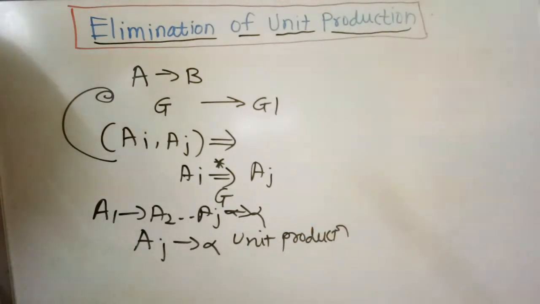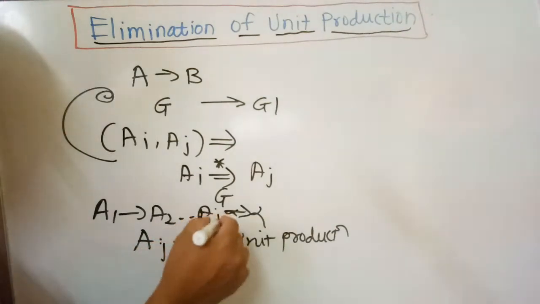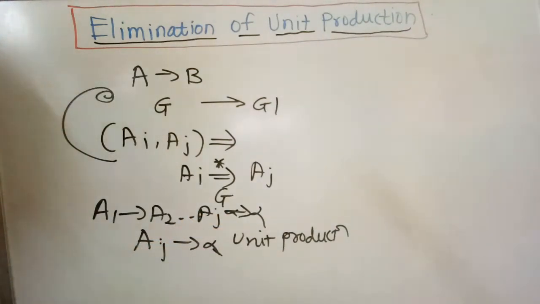So each variable Ai to Aj will derive the string alpha, and this is known as a unit production.